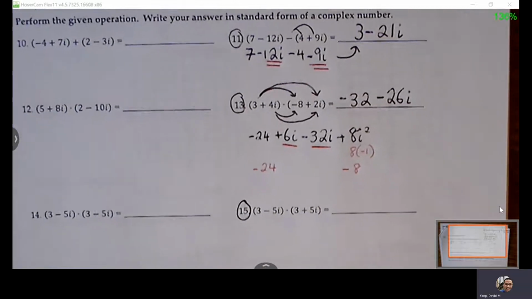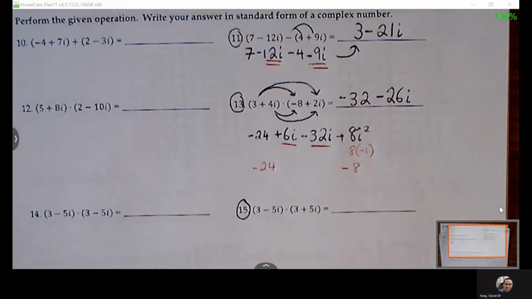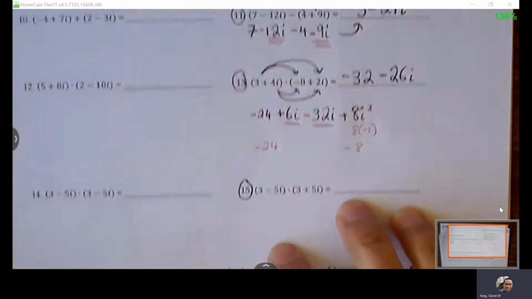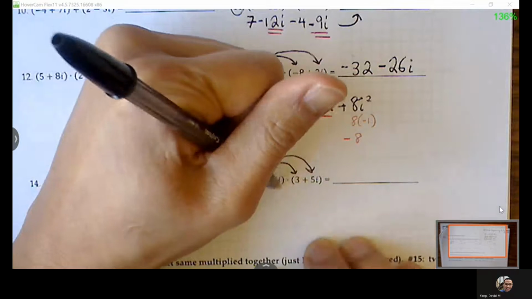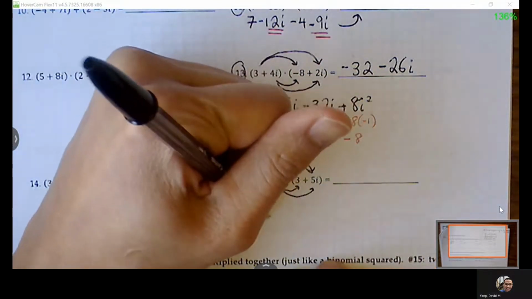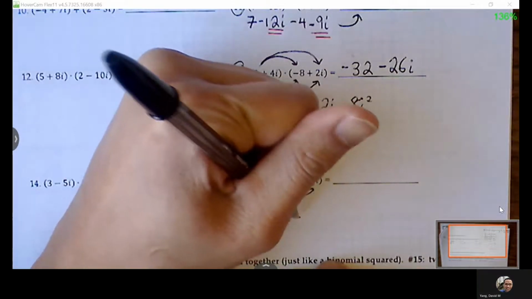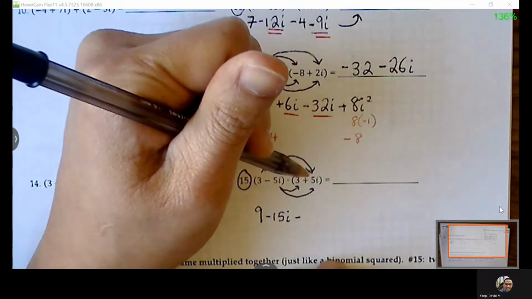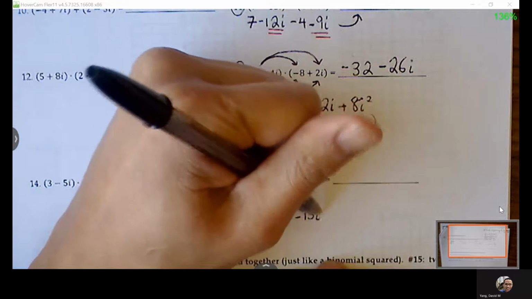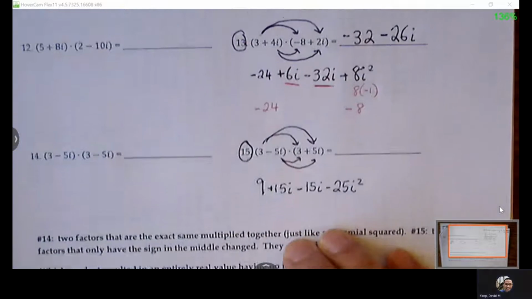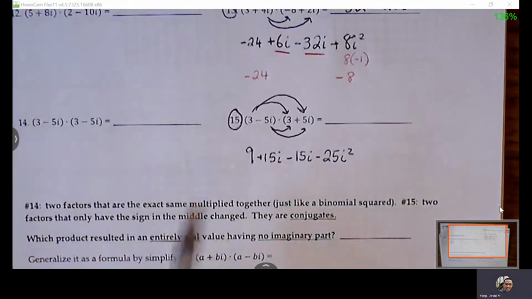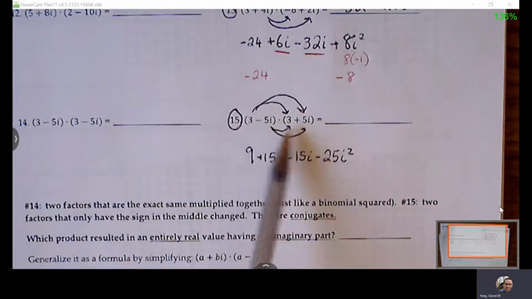Okay, try 15. This is what we call conjugate pairs, because you see how these are virtually the same binomial.